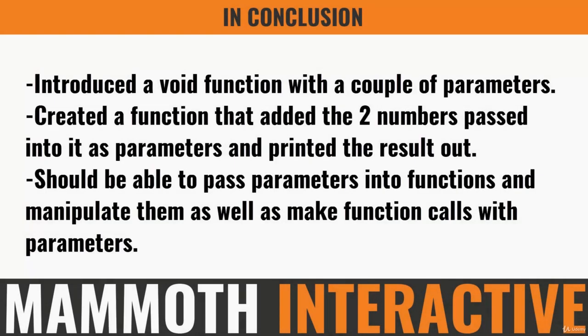In this part of our tutorial, we introduced a void function, but this time we passed it in a couple of parameters. So we created this function called function, and we added the two numbers passed into it. So we passed in two integers and added them together as we passed them in as parameters, and then we created an integer within the function, and that was the result of the addition, and then we printed that out at the end.